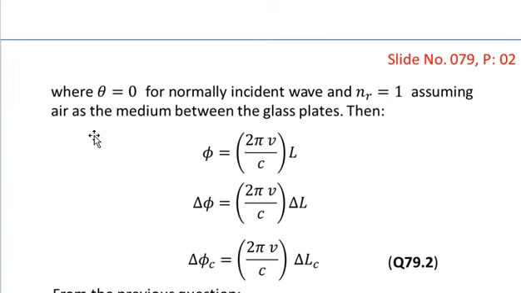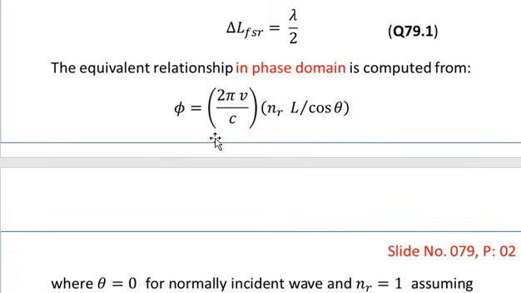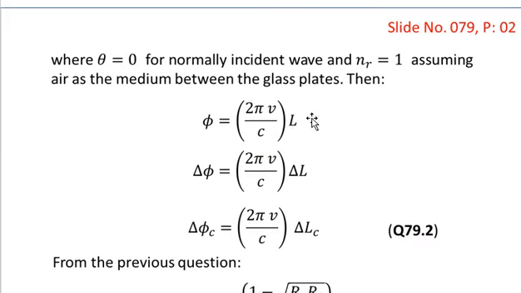So assuming air as the medium between the two glass plates, this equation is simplified, because we are now setting nr equal to 1 and theta equal to 0, for which cos theta is equal to 1. Making these two changes in this formula, we get phi is equal to 2 pi into nu over c multiplied by capital L.